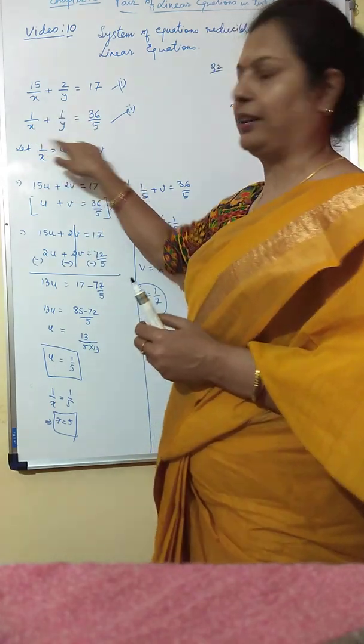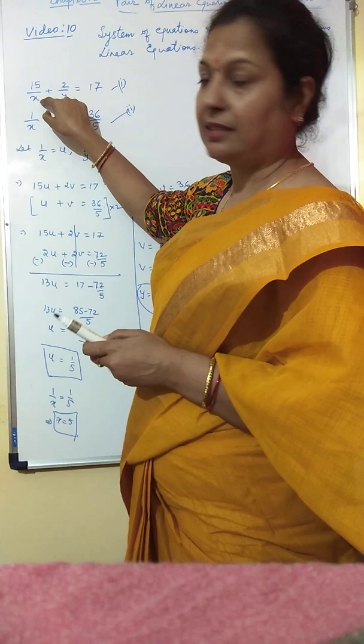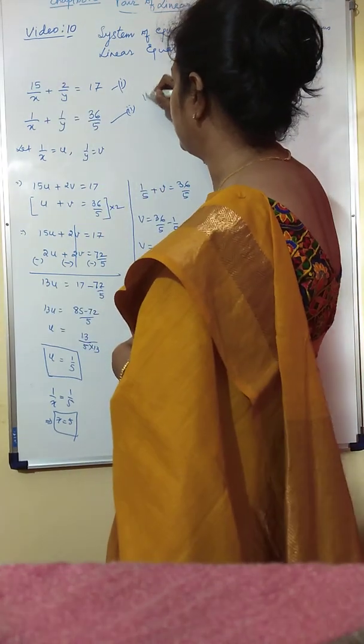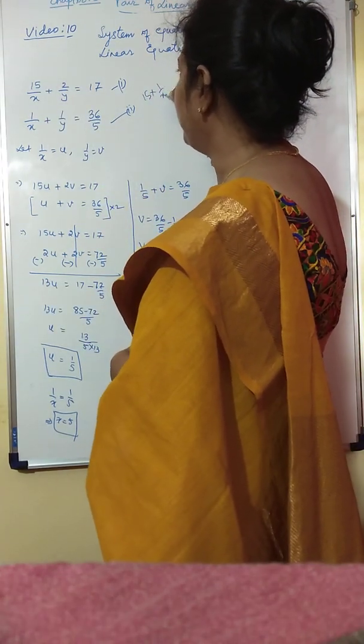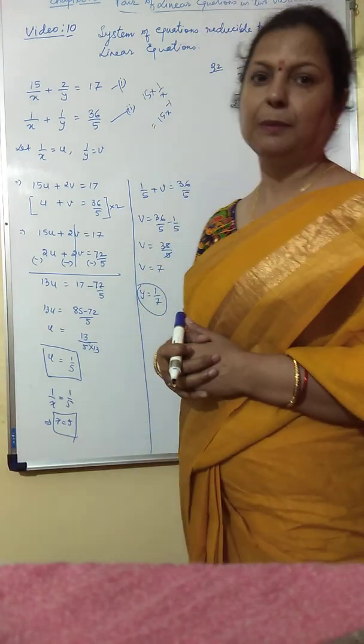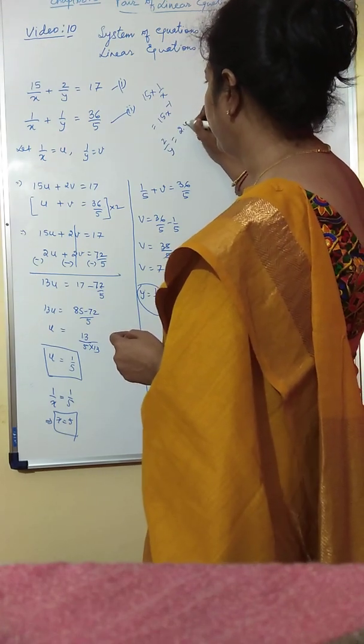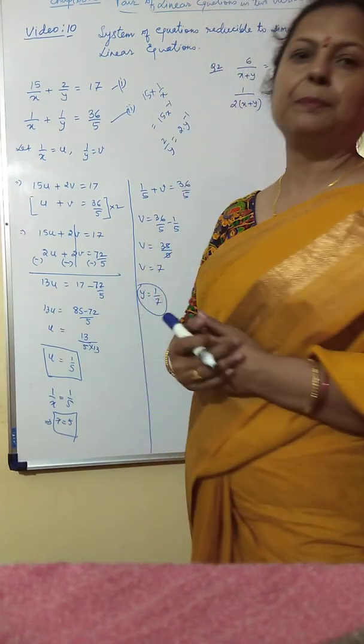But you check these variables. If you write it as 15 into 1 by x, then how do we write it in terms of x? 15 into 1 by x means 15 into x to the power minus 1. And 2 by y means 2 into y to the power minus 1.